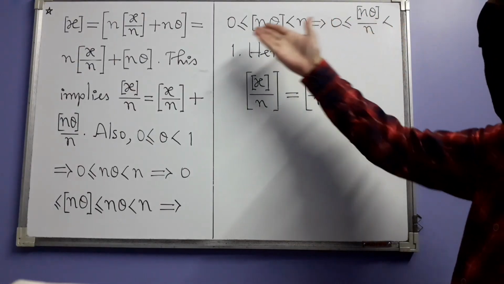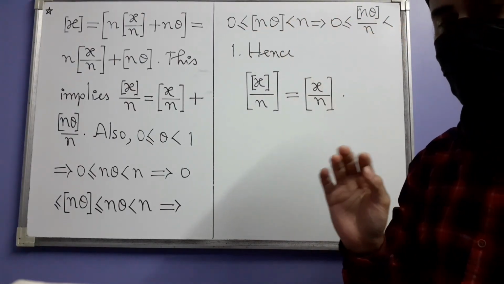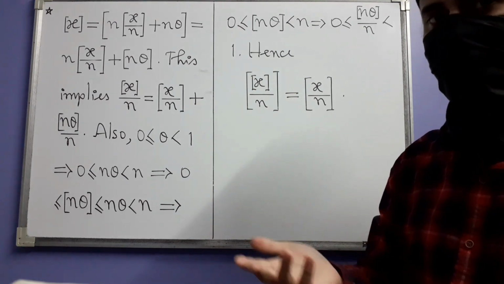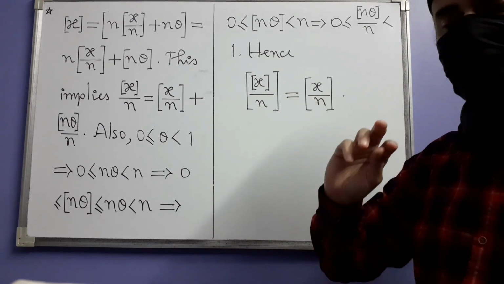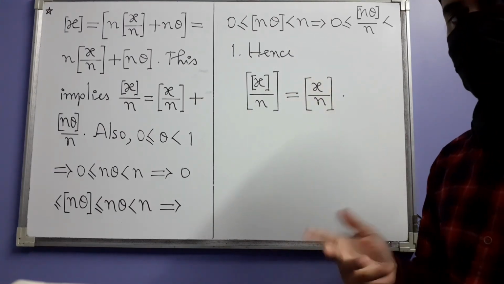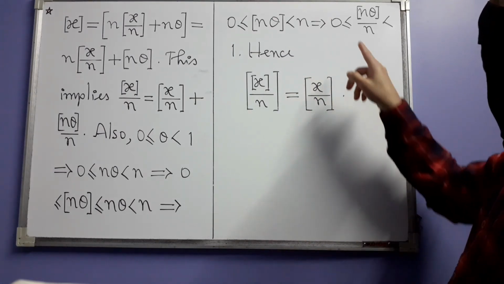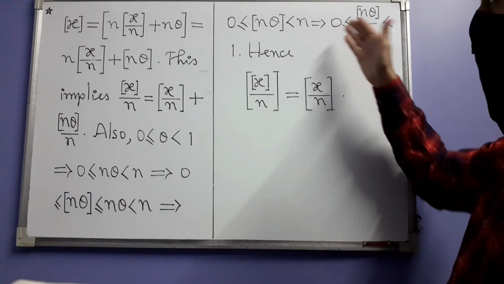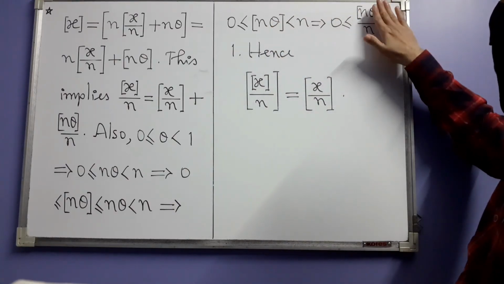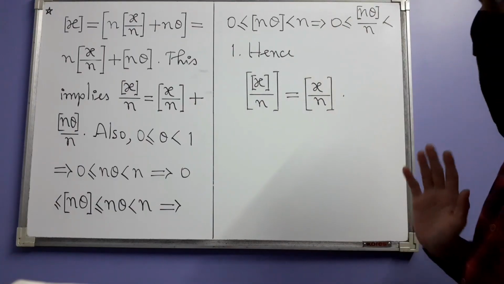And then we divide throughout by n. Just like multiplying throughout by n does not flip the inequalities, dividing by n also won't. So 0 divided by n is 0, that is less than or equal to this greatest integer value divided by n, which is less than 1.